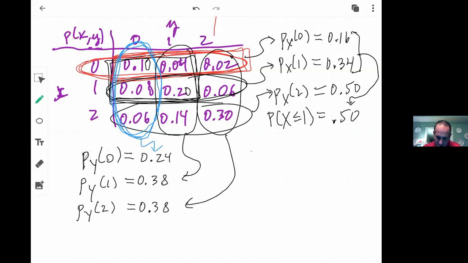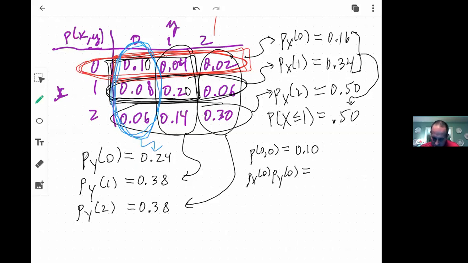So let's start making a table of some of these values. Like p(0,0), of course, is equal to 0.10. Now what is p sub X of 0 and p sub Y of 0? What do I get if I multiply those together?